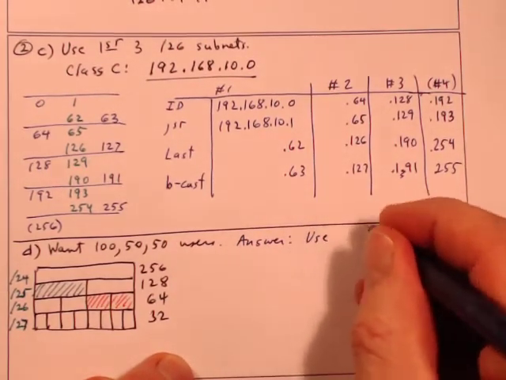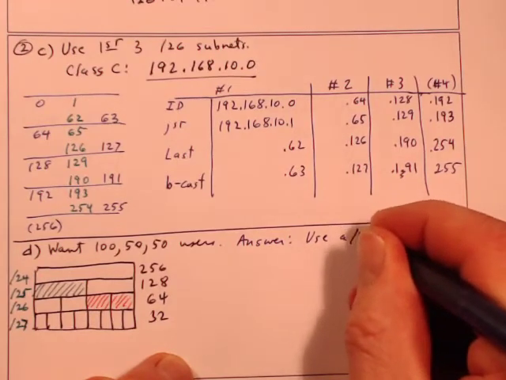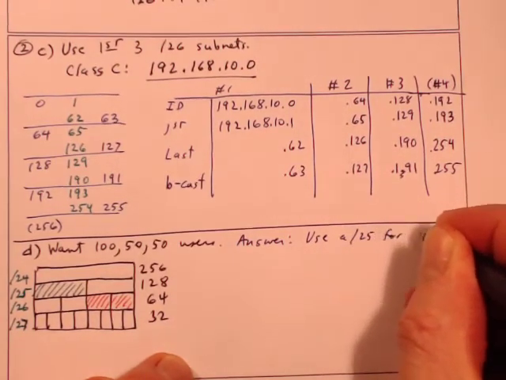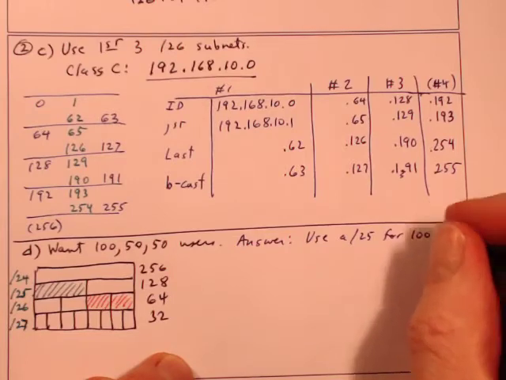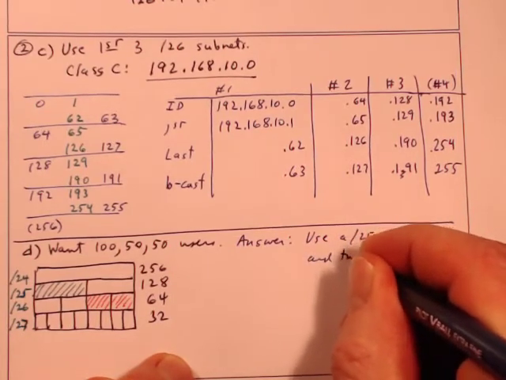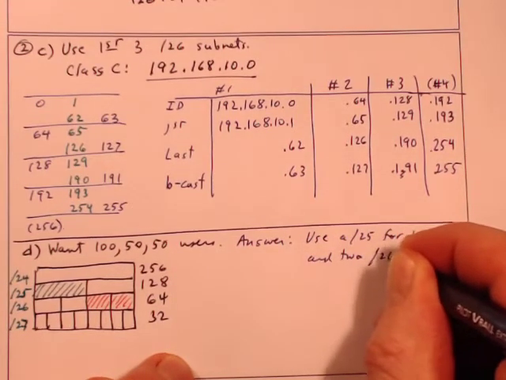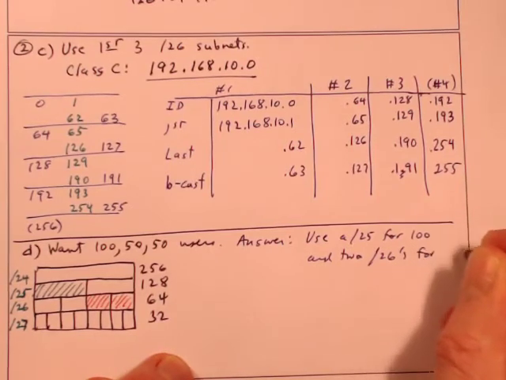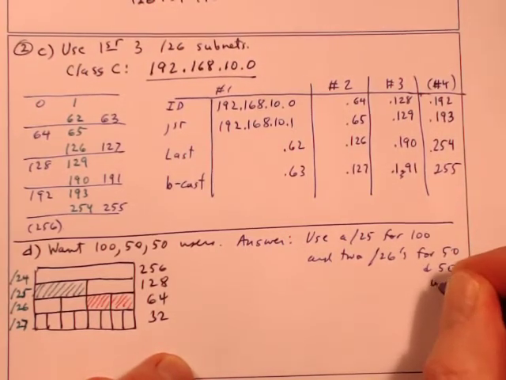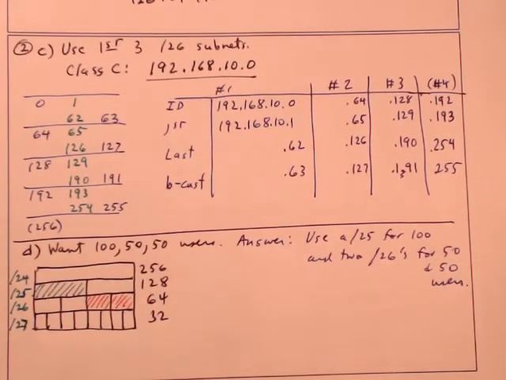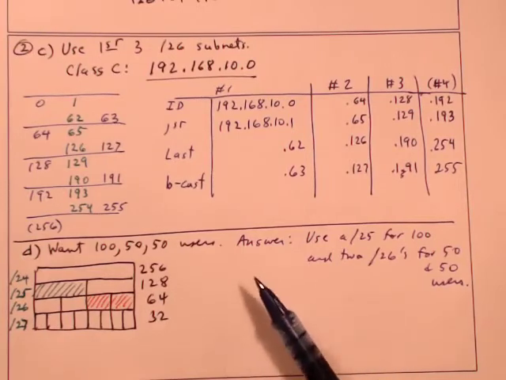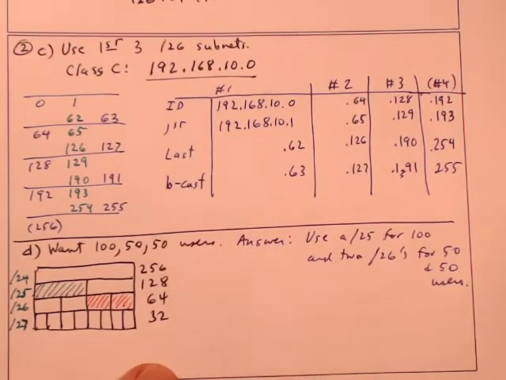Okay? So the answer is use a slash 25 for 100 users and 2 slash 26s for 50 and 50 users. Okay, and it asks you all the same questions for the addresses.